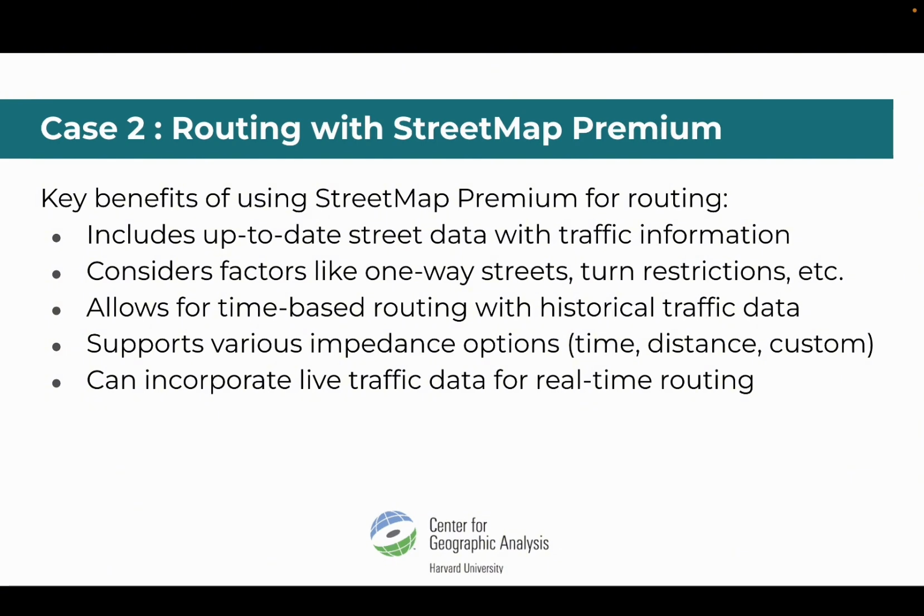At 9 a.m. or 5 p.m., it would be very busy. At midnight, it'll be faster. And then it supports various impedance options, including time, distance, or you can customize what you want. And last but not least, it can incorporate live traffic data for real-time routing.